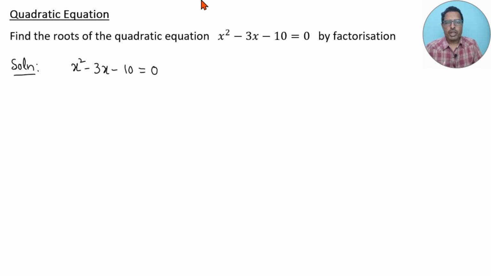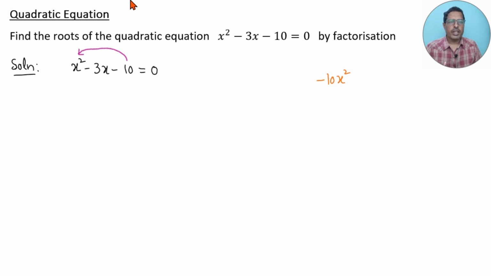The first step is to take the last value and multiply that by the first value. So minus 10 is being multiplied by x square, and we get minus 10 x square.